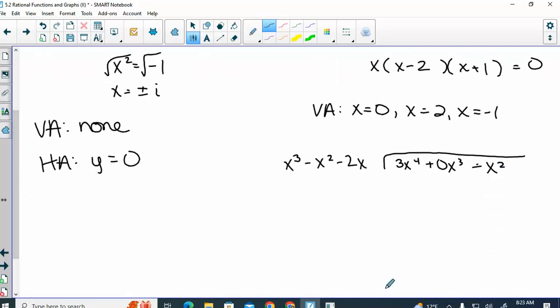Okay, now the good news is we don't have to do the full division. We know we are getting a line, y equals mx plus b. That's all we need. So we start dividing the first numbers. What is 3x to the 4th divided by x cubed?